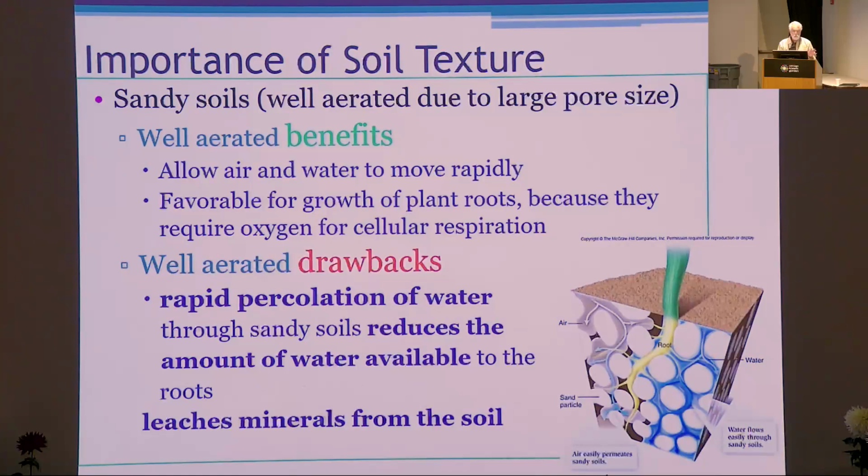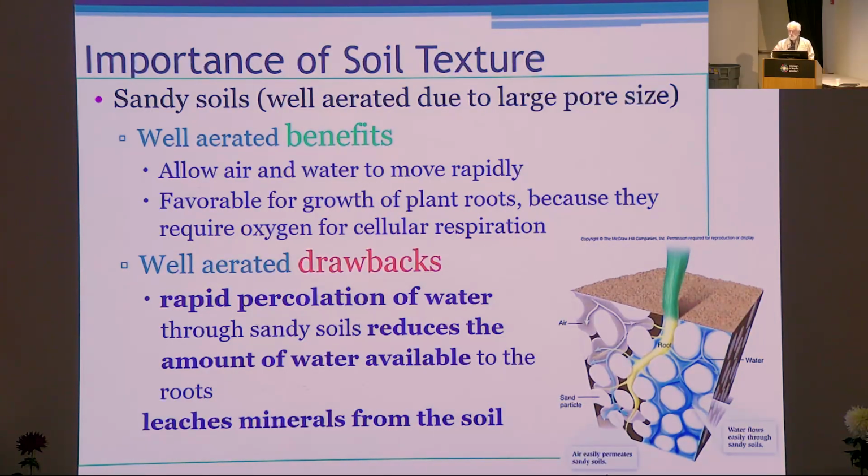So just to give you two quick extreme examples, if you have an extremely sandy soil, that means it's generally well aerated because there's lots of spaces between these large particles. And that's very good for aeration, it's very good for water flow. The problem, one of the big drawbacks of sandy soils, is that it reduces the amount of water available to the roots because it percolates through very quickly.